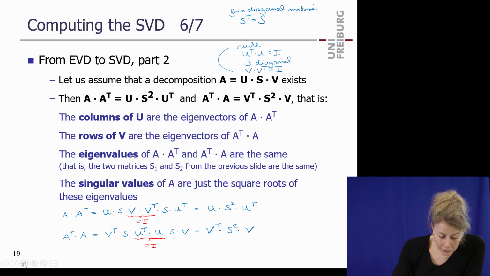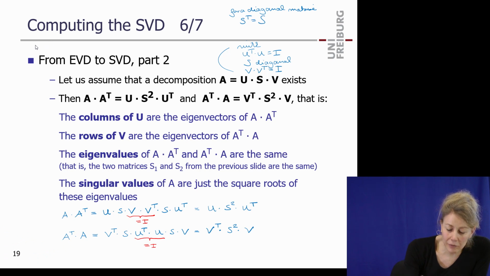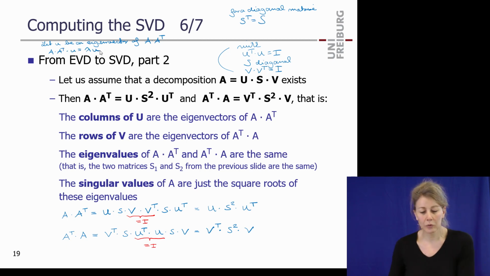This follows from this proof, but you can also prove it directly. Let me just write it here. Let U be an eigenvector of, let's say, A times AT, which means you have A times AT times U is lambda times U, right?